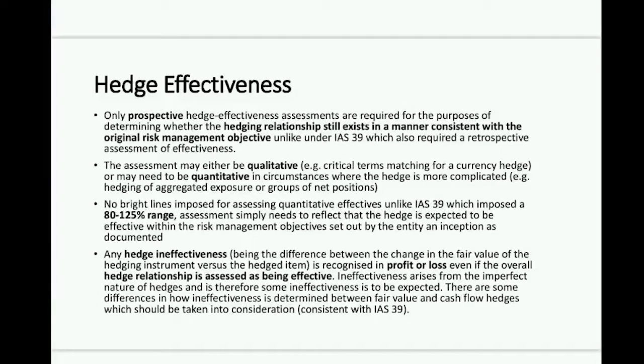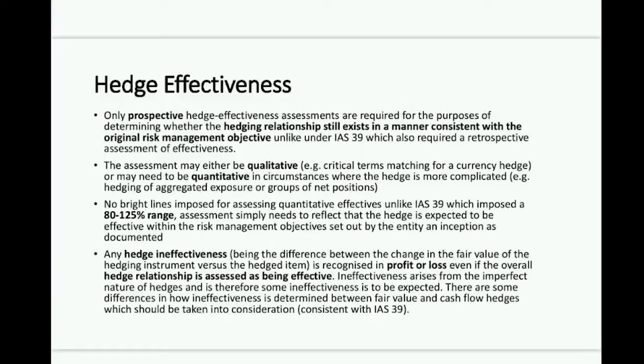So if we turn to hedge effectiveness, there's quite important changes in this space. From a hedge effectiveness point of view, IFRS 9 only requires prospective hedge effectiveness assessments for the purpose of determining whether or not a hedging relationship still exists and exists in a manner that is consistent with the original risk management objective that was set out when that hedging relationship was documented.